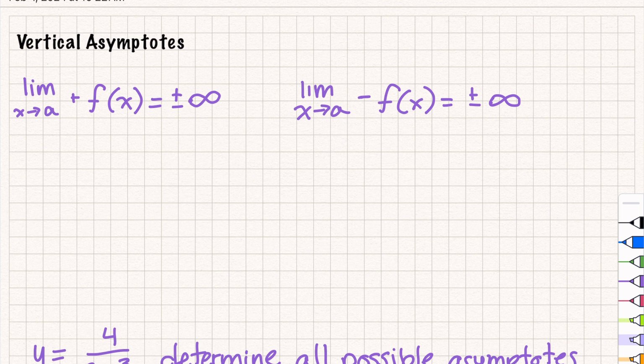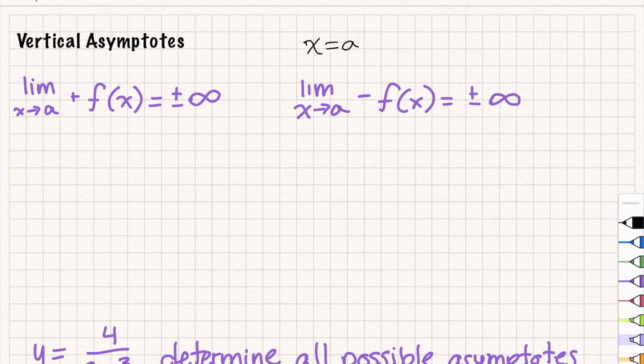So when we are approaching the asymptote known as a, so in this case x equals a, from the right side, you'll notice the notation we're going to use is the limit as x approaches a, which is the asymptote. The plus sign represents the right side.